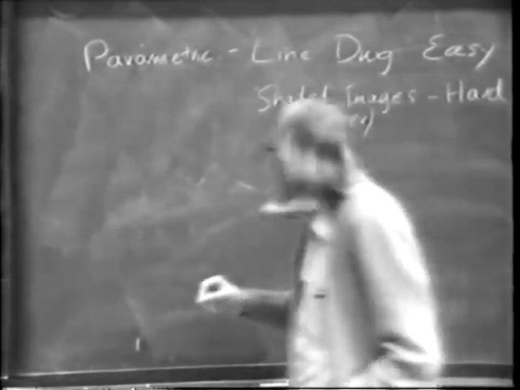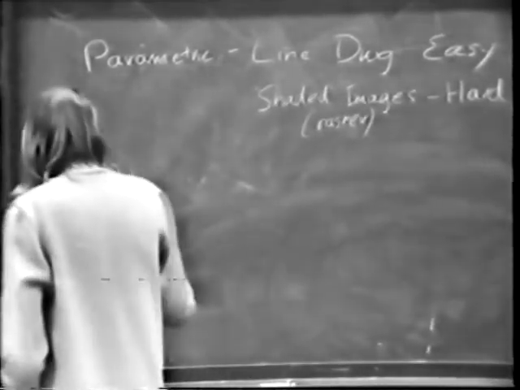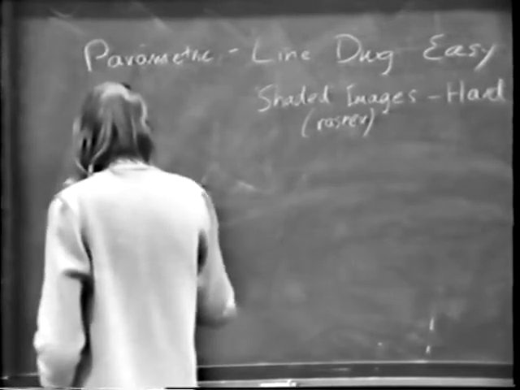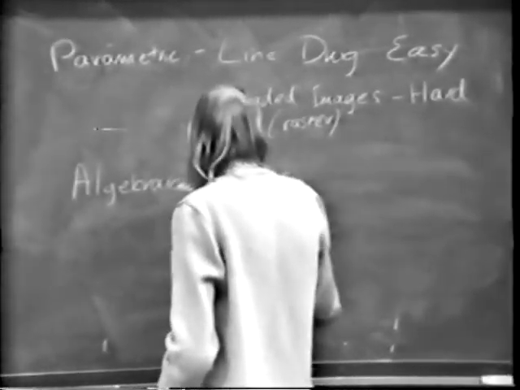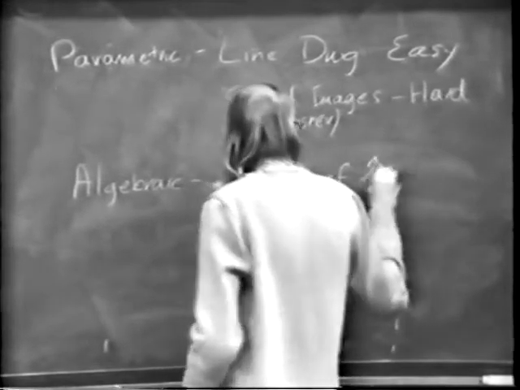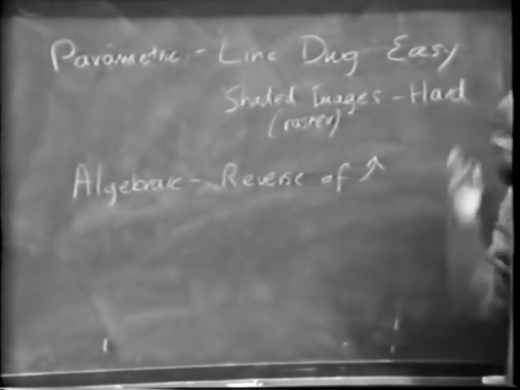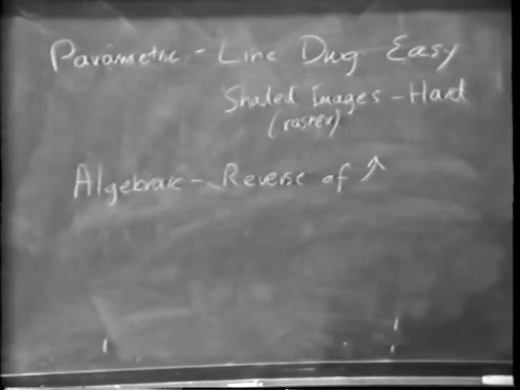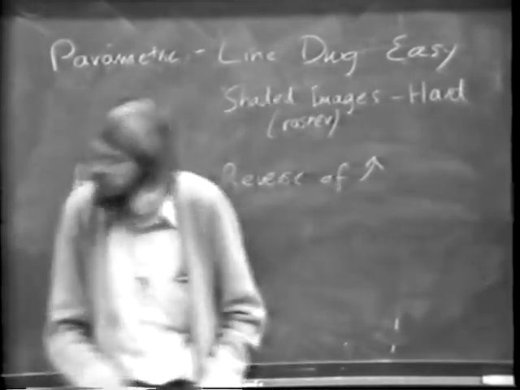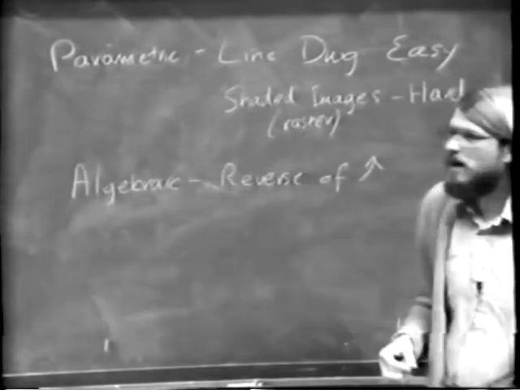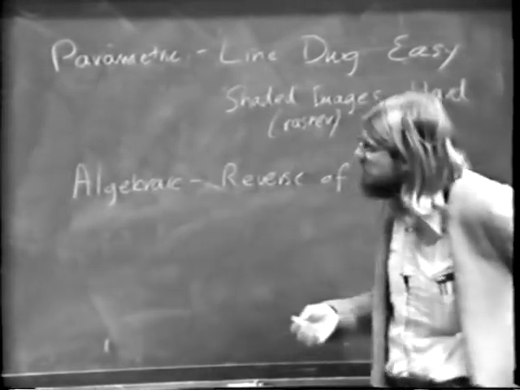On the algebraic side, the inverse is the case. Just the reverse of the above. Line drawings are a little bit harder to do because you have to, again, find the place where the algebraic surface has some edge. It requires solving some equations, which may or may not be simple to do.